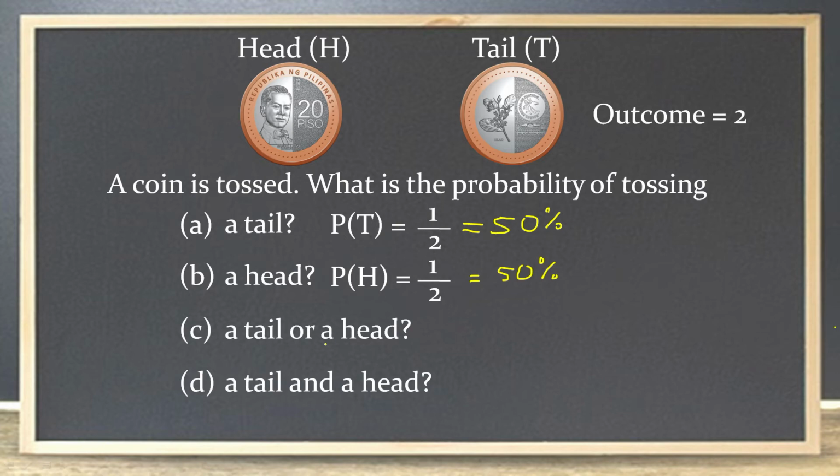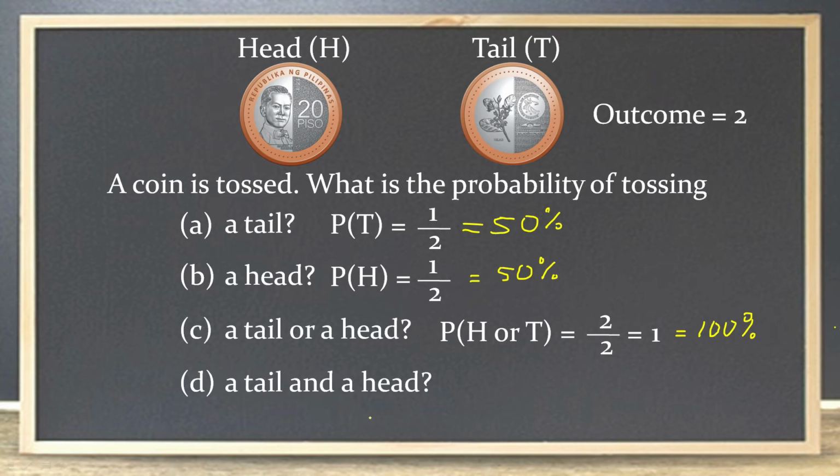So we have 2 events that can satisfy the instance. So we say the event is actually 2, and we know the total outcome is 2. So the probability of a head or a tail is actually 2 over 2, which is equal to 1. Or better said, 1 is the same as 100%. So we have a 100% chance of a head or a tail appearing.